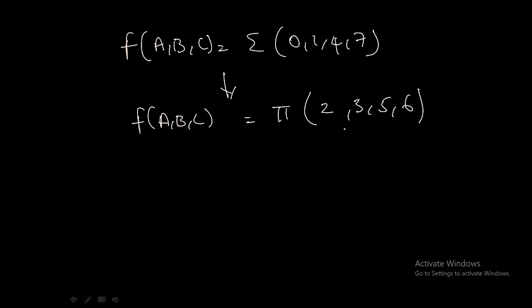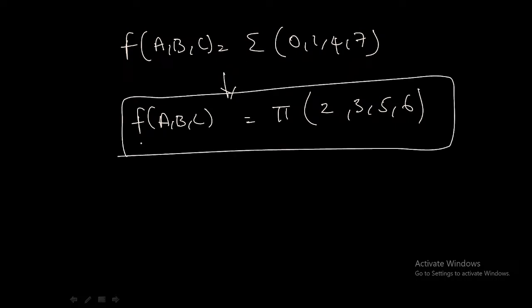You can simply write the missing terms and we get the max terms. That's it. Okay, so this is how we are going to convert min term to max term and max term to min term. So this is about the POS form and SOP form in Boolean algebra, and how to convert a POS form to SOP form and SOP form to POS form.